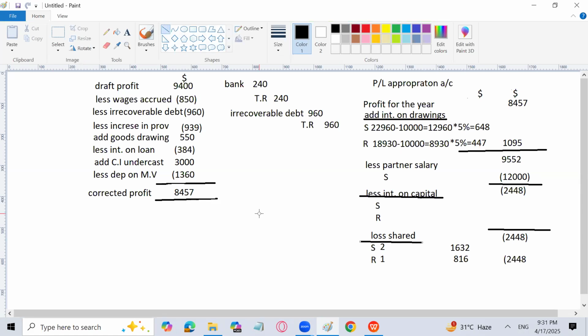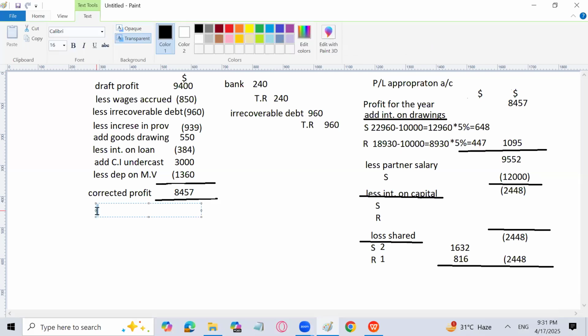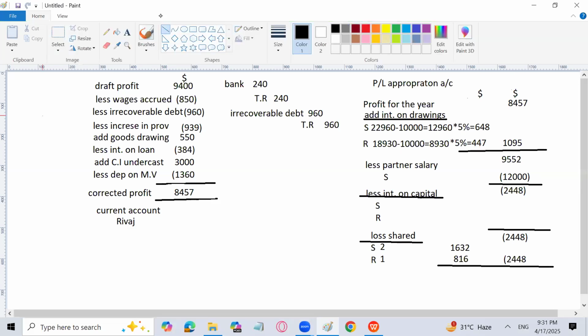Now we have to prepare the current account. He has asked us to prepare the current account, but only for Rewaj. So let me prepare the current account for Rewaj. I will prepare it in the same format as we used to prepare it. So that's not a big deal. I will start with the brought down.